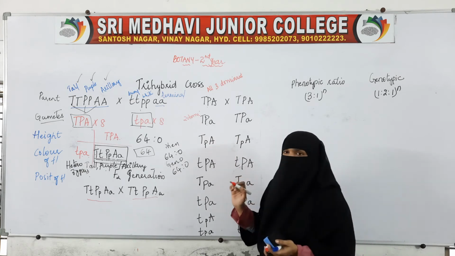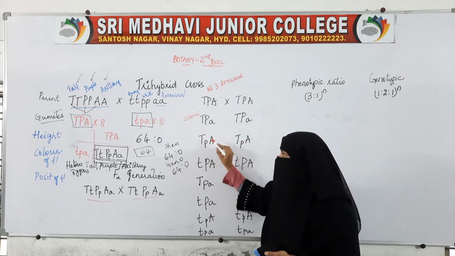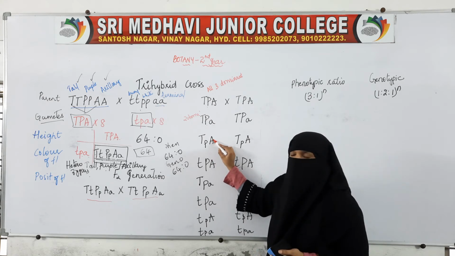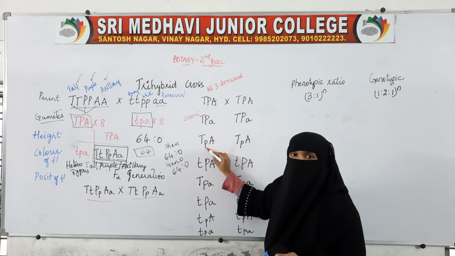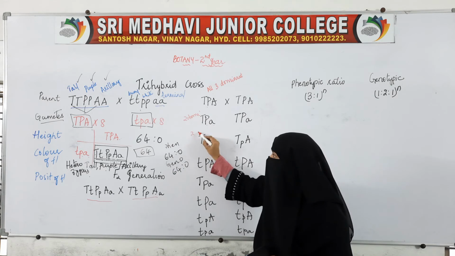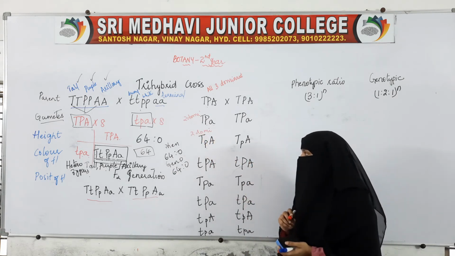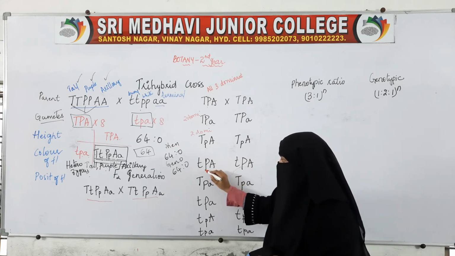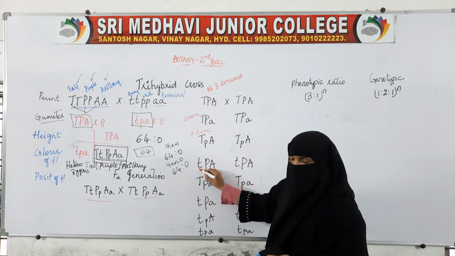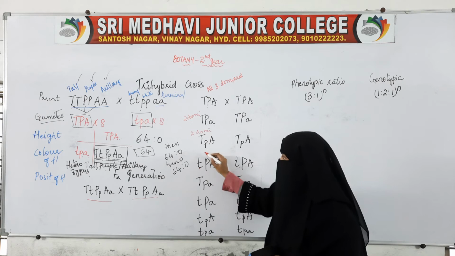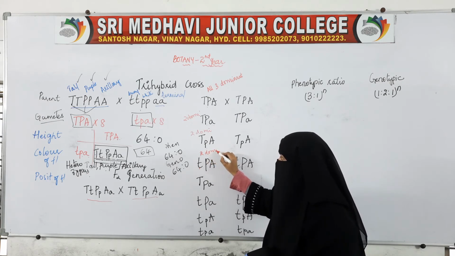And the third one, here also capital T is dominant, capital A is dominant, small p is recessive. So here also two dominant, here also two dominant. Here you see, small t is there, one dwarf, and here also two dominant.